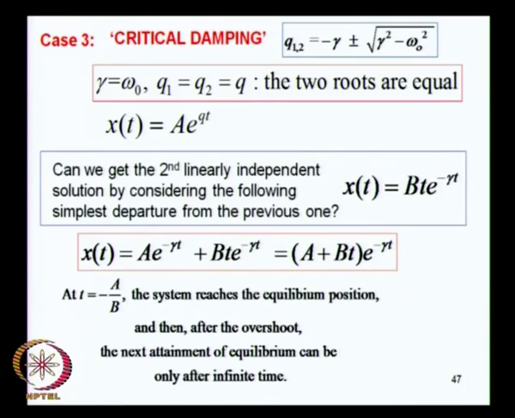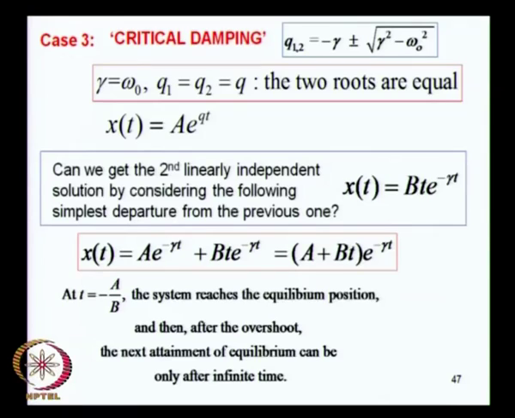In other words, we really do not have 2 roots in this case, and in this case q is equal to minus gamma, so a e to the minus gamma t cannot give us the most general solution. It has got only one unknown, so it cannot be the complete solution to the second order differential equation, it cannot be the complete general solution, and that is what we are interested in.